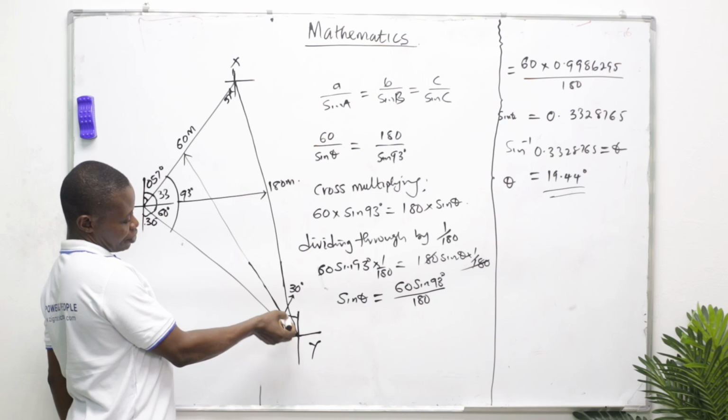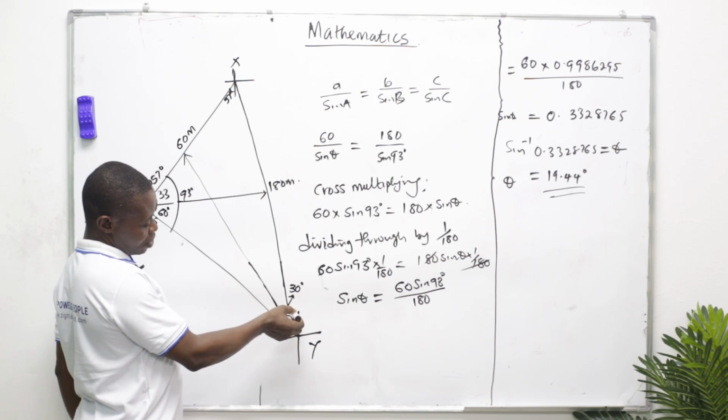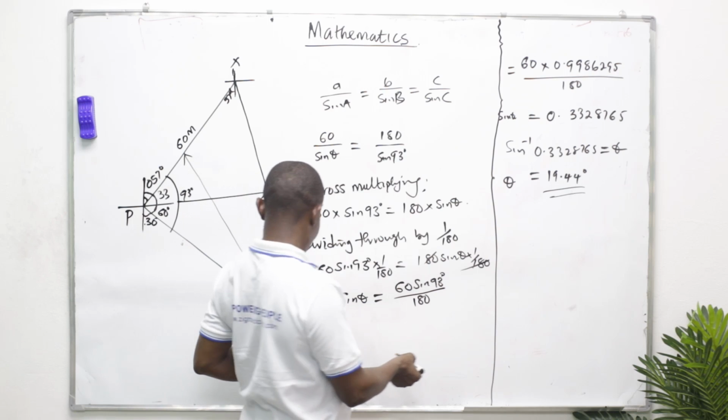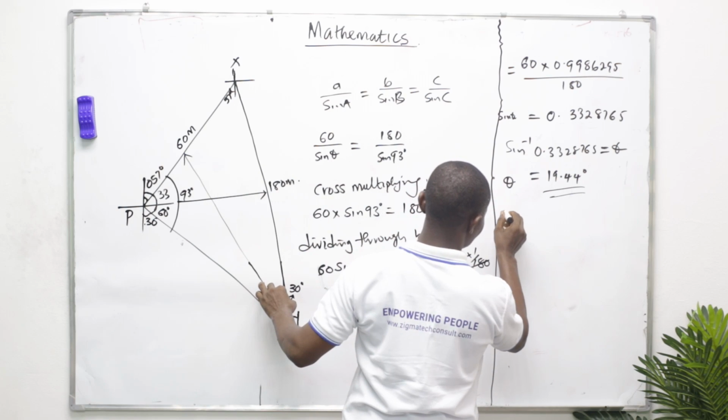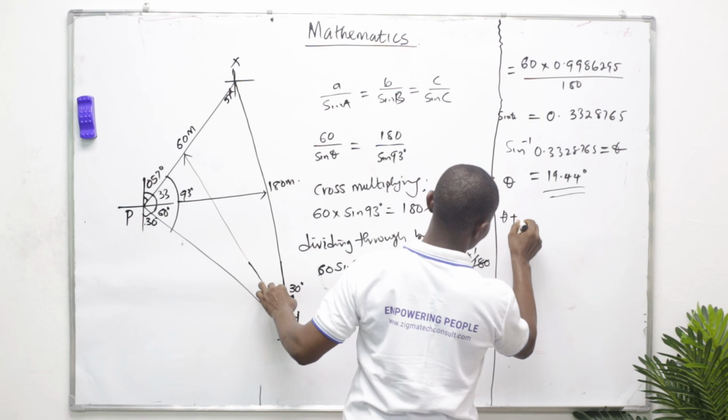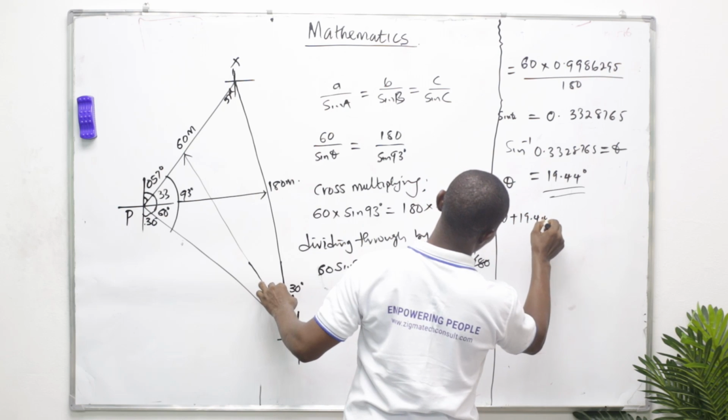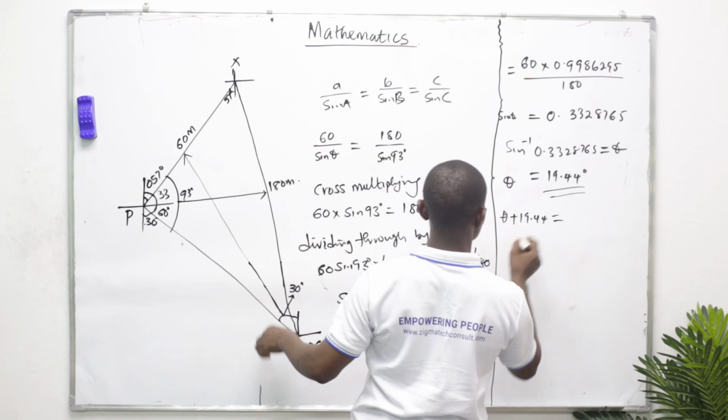Recall that I told you there is an unknown or hidden angle here, which you call theta. So that theta plus 19.44 equals the angle of this place, which is 30 degrees.